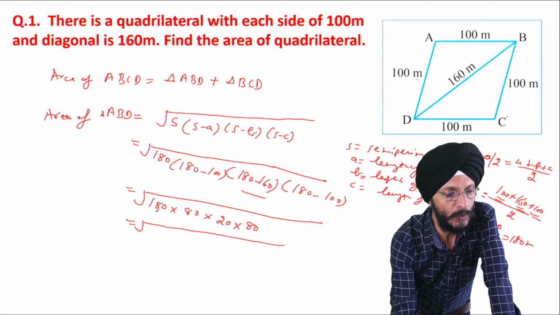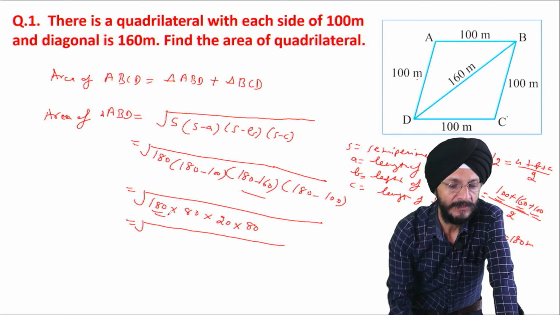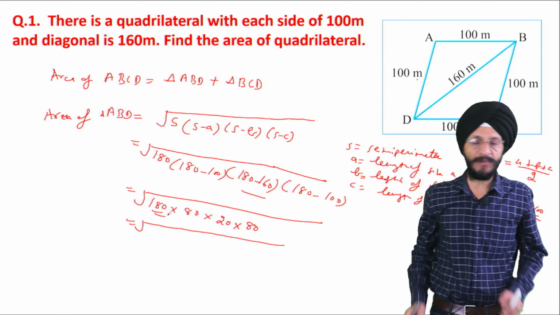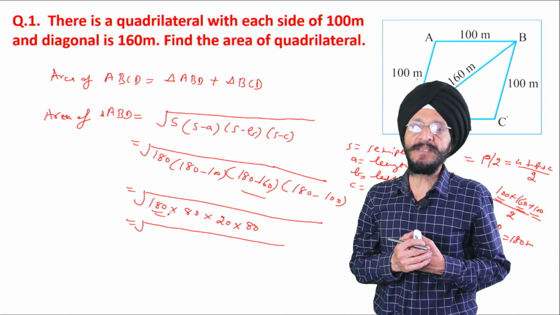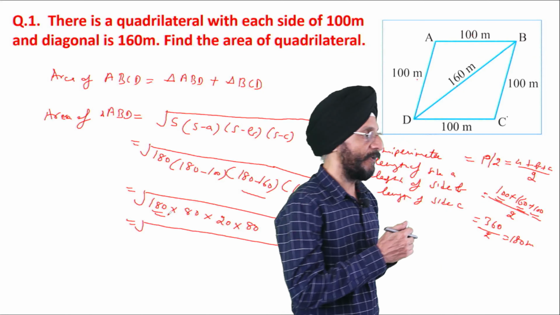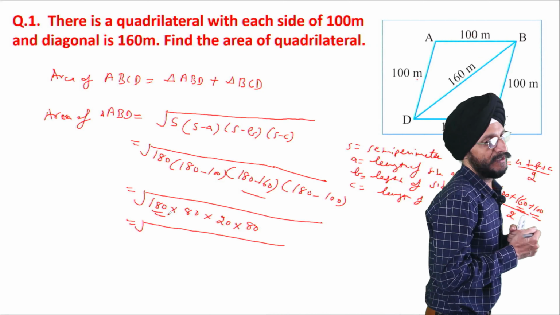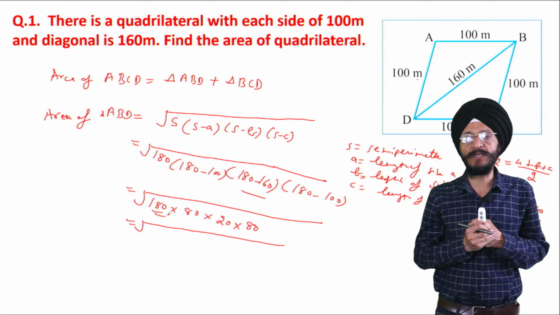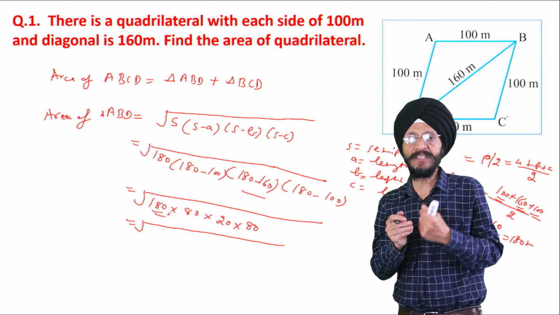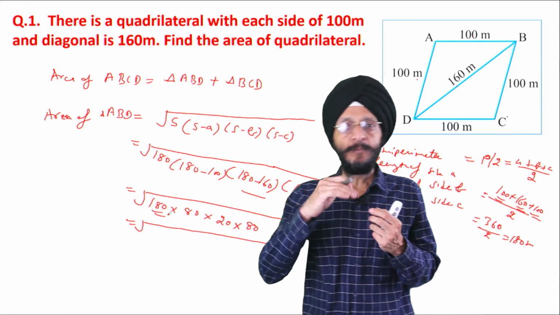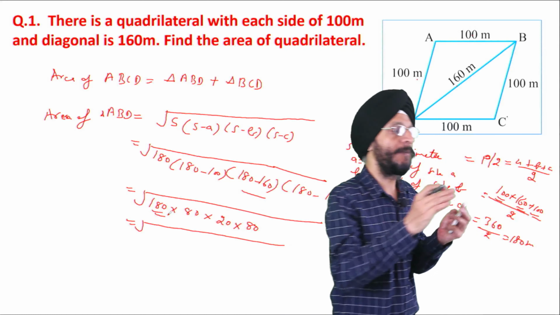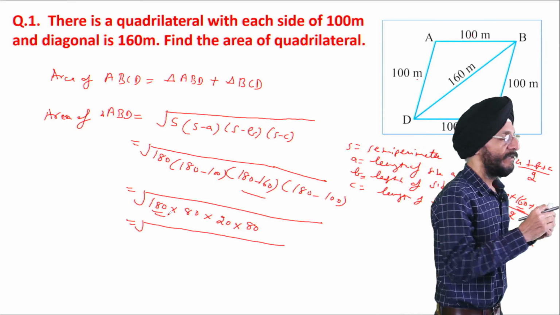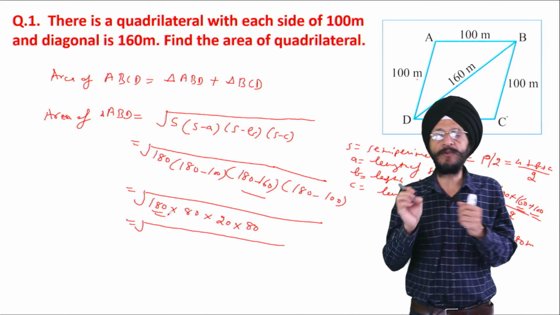So here we will do prime factorization. What is prime factorization? Prime factorization is a process in which we find out the prime numbers. Prime numbers are those numbers which are more than 1 and which can be divided by the number itself and 1 only.